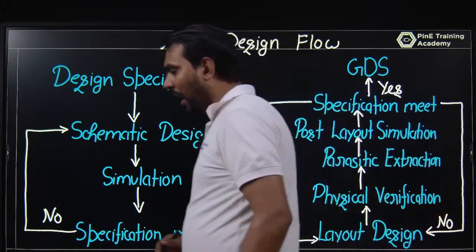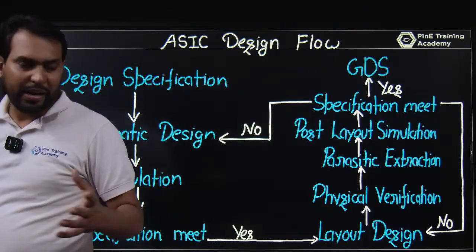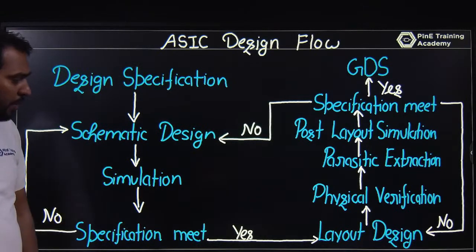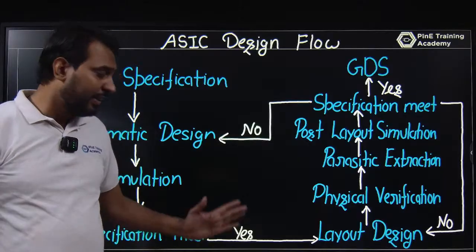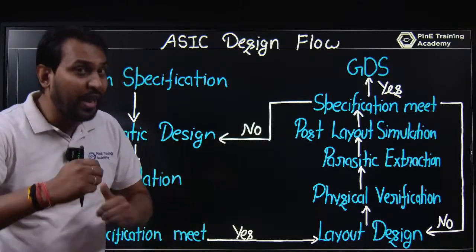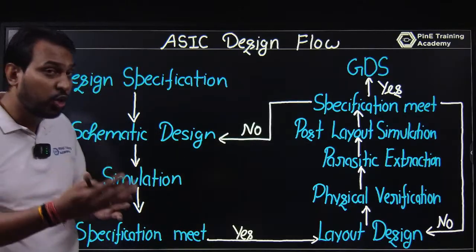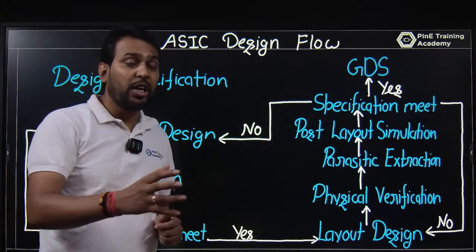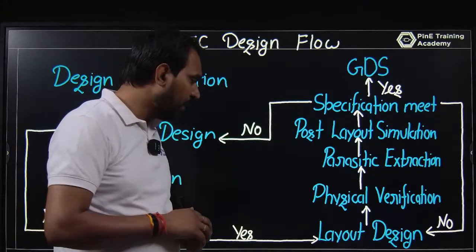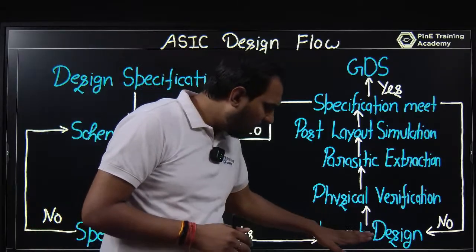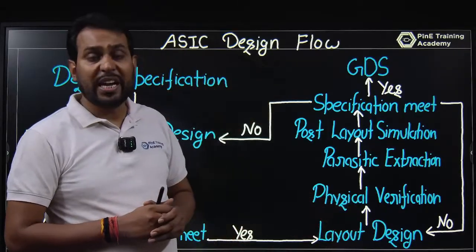After the schematic design, simulation and specification are met, we go for the layout design. The schematic is converted to a layout, a pictorial representation in terms of base layer coordinates. After the layout design, you go for physical verification.